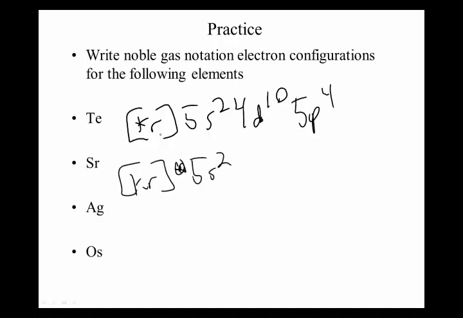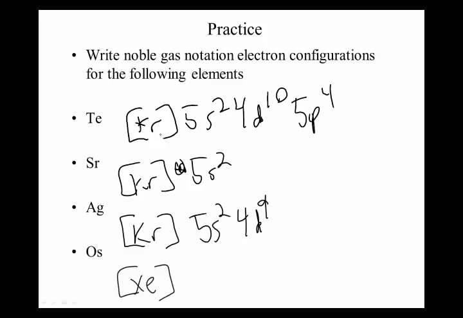Sorry. Silver. Already did silver, but let's do it in noble gas notation. I'm picking all these ones that are krypton. And then we start with 5s2, 4d9, right? Finally, osmium. A little bit farther. We're going to go to xenon. Then we're going to osmium. So next is 6s2.